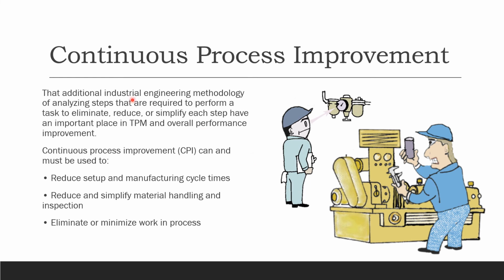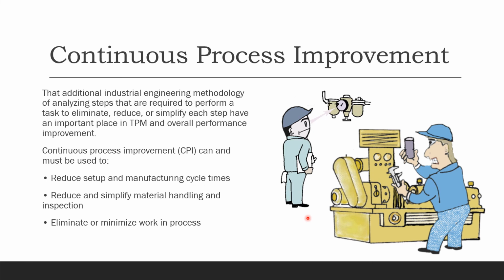Additional industrial engineering methodology, analyzing the steps required to perform a task in order to eliminate, reduce, or simplify each step, has an important place in TPM and overall performance improvement.